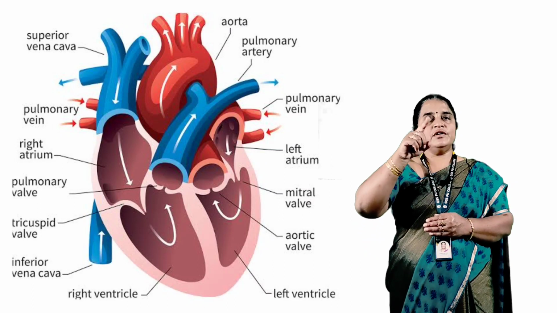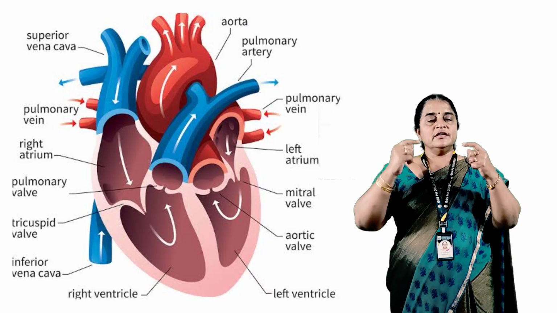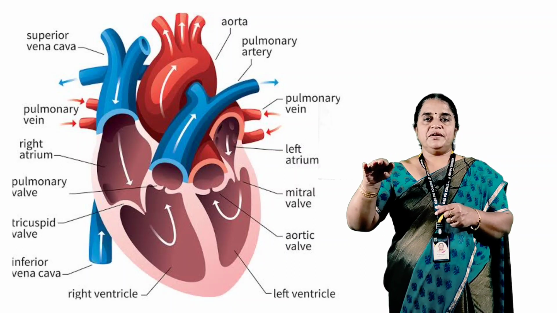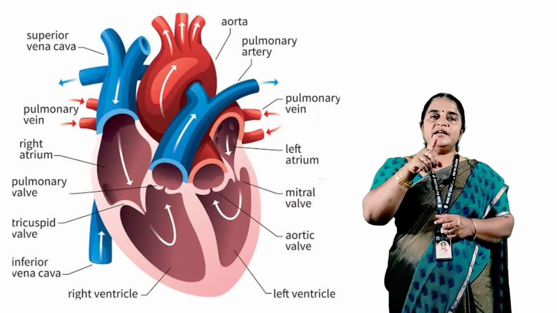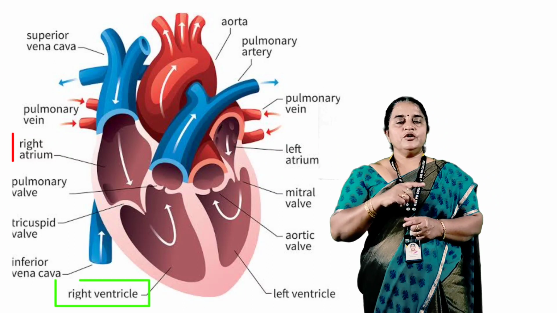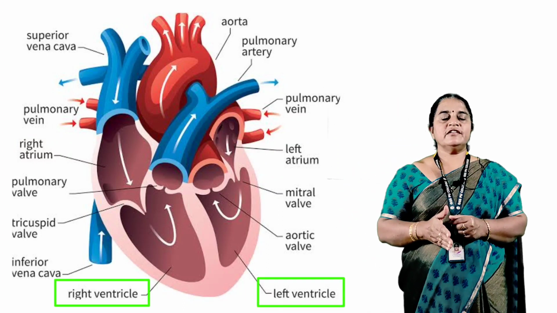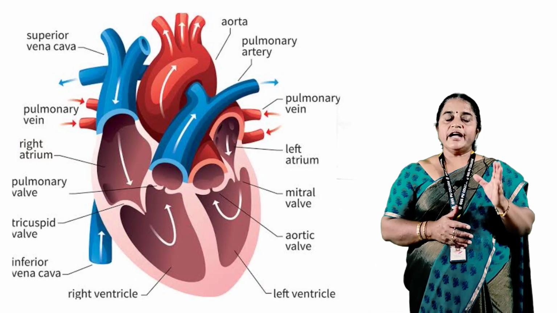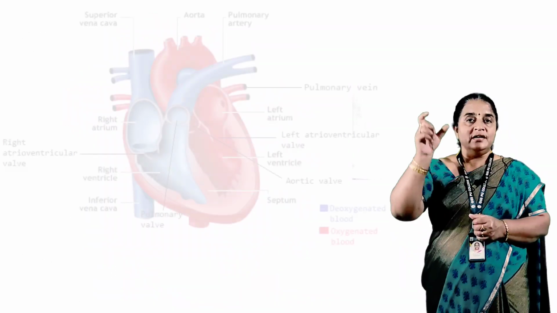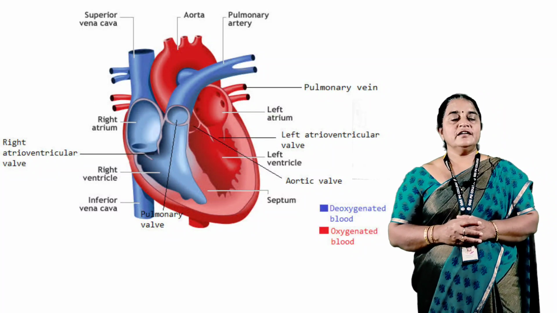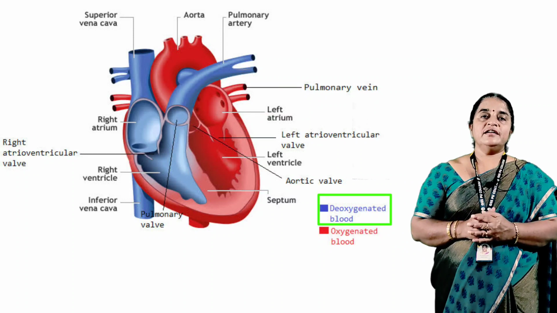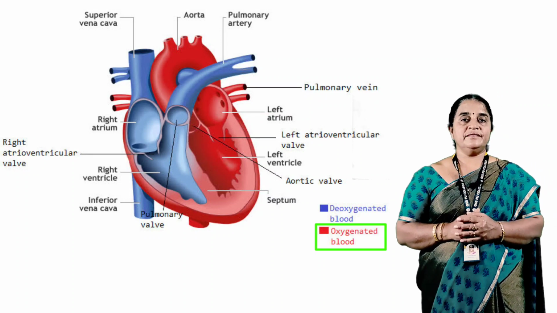Atria are thin-walled and smaller compared to ventricles, divided by the atrioventricular septum. The atrium is divided into right and left by the interatrial septum, and the ventricle is divided into right and left by the interventricular septum. The right portion of the heart is slightly bigger than the left portion. The right compartment has deoxygenated blood and the left part contains oxygenated blood.